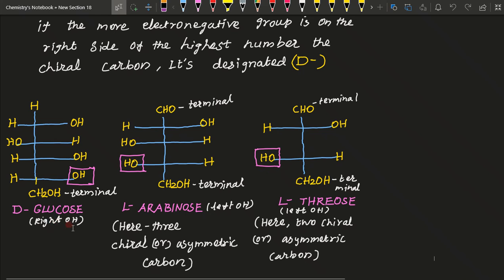Here the OH is on the right side, here on the left side, here on the left side. Here is a chiral or asymmetric carbon, and this is also a chiral or asymmetric carbon. Here are two chiral or asymmetric carbons.